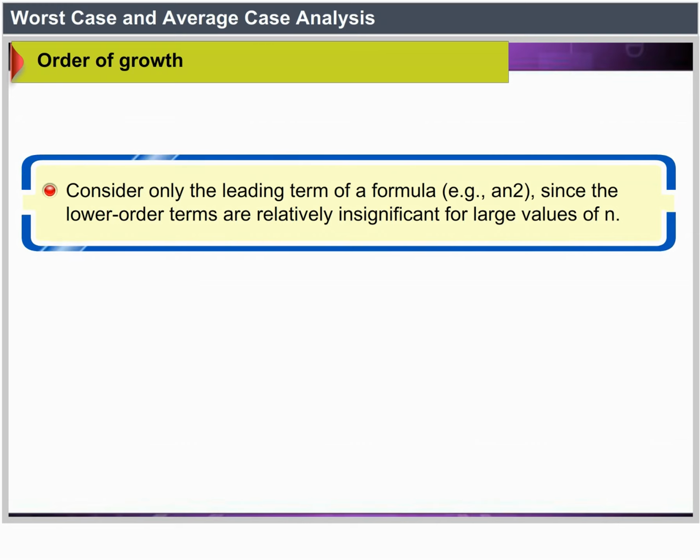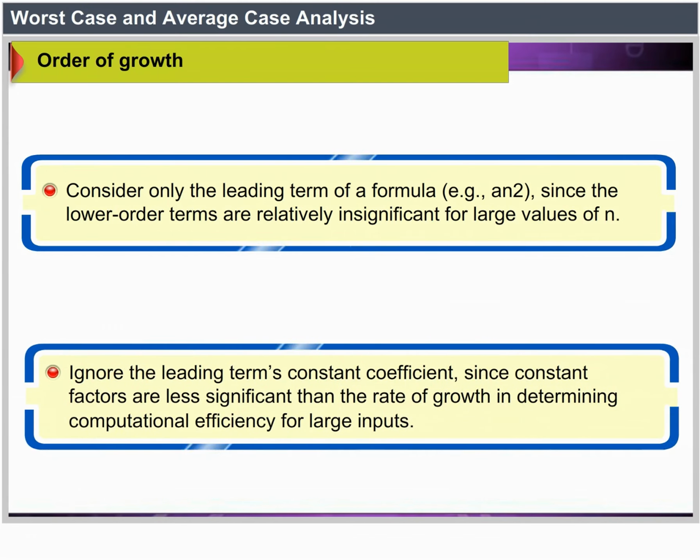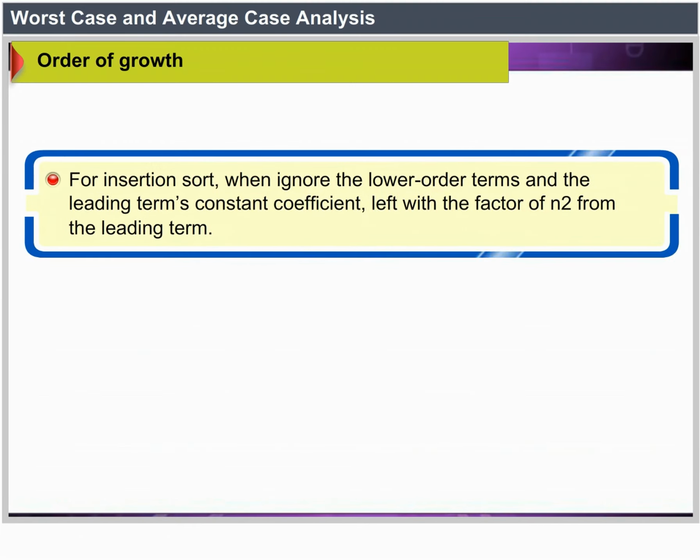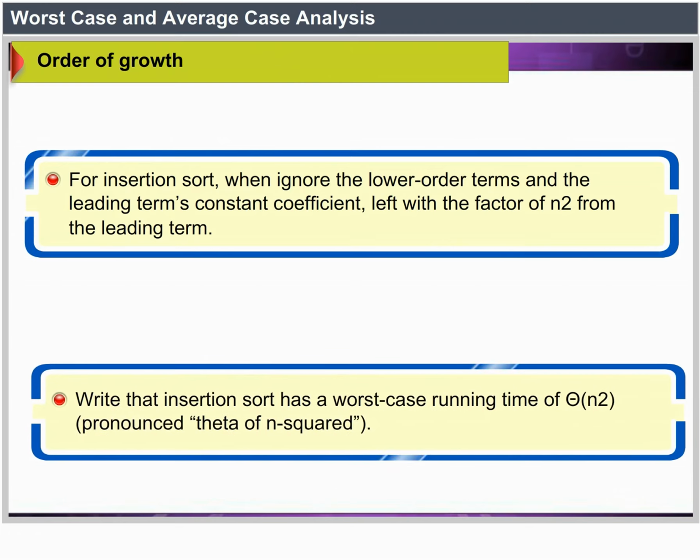We also ignore the leading term's constant coefficient, since constant factors are less significant than the rate of growth in determining computational efficiency for large inputs. For insertion sort, when we ignore the lower order terms and the leading term's constant coefficient, we are left with the factor of n² from the leading term. We write that insertion sort has a worst case running time of Θ(n²).